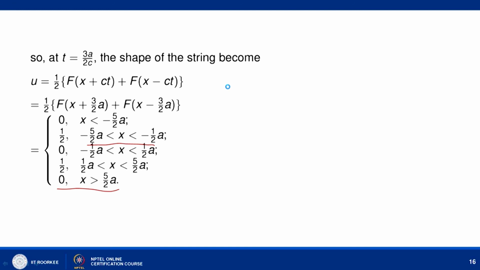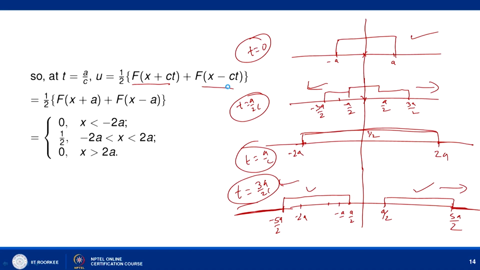Because of this, the solution is the sum of two equal disturbances, or waves, one wave moving right and one wave moving left. So, here we have taken a particular example to show that the solution behaves like a wave, how a disturbance is distributed in two equal parts and moves away from each other.